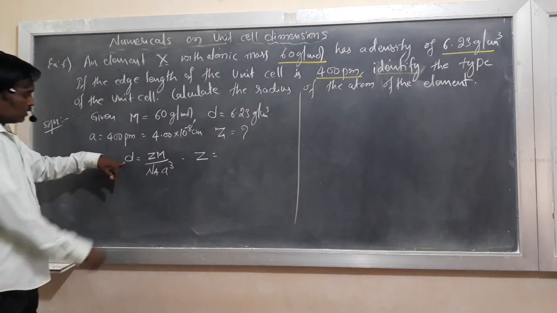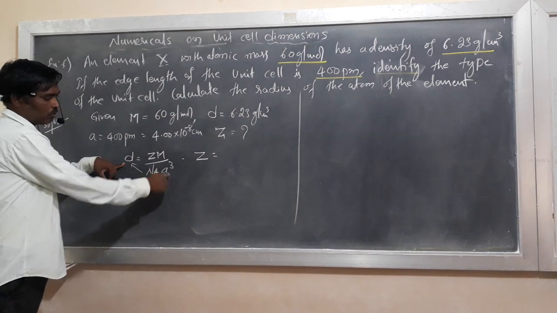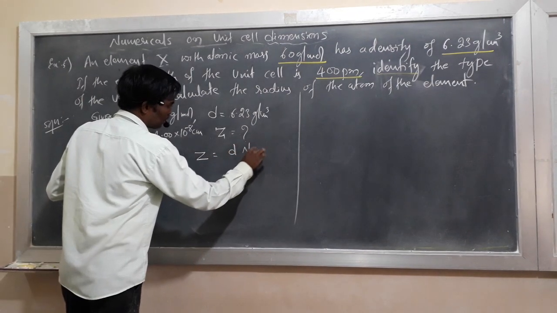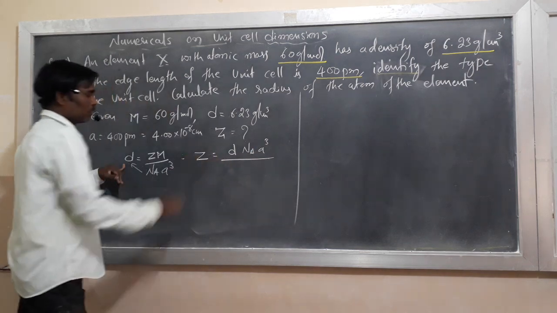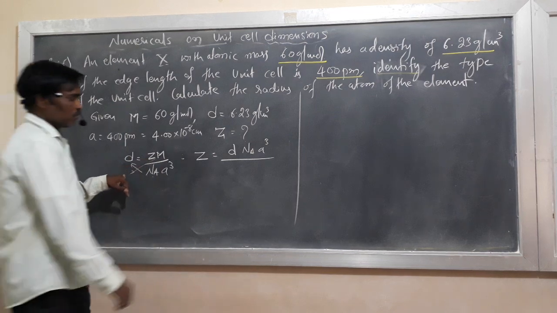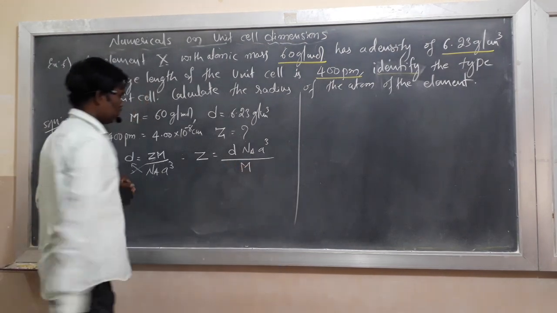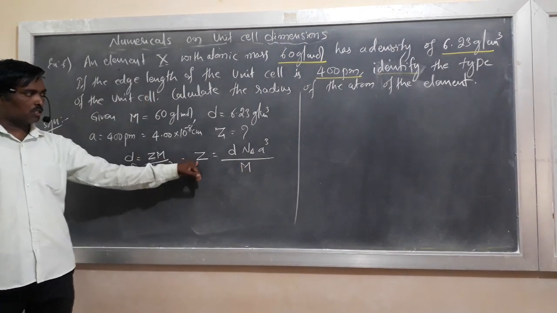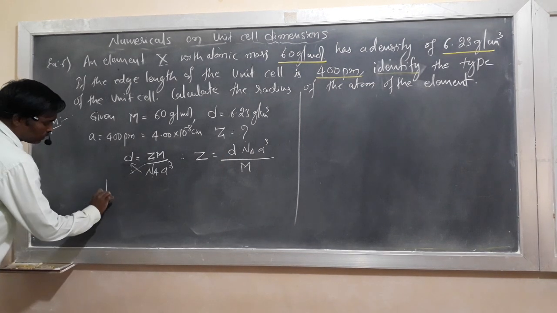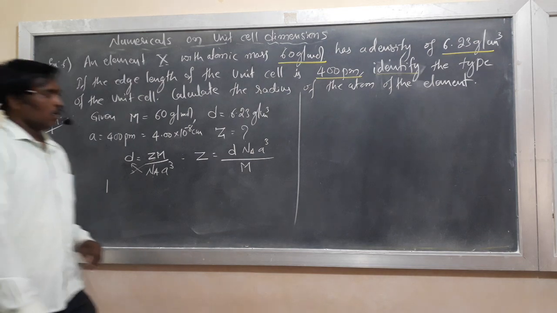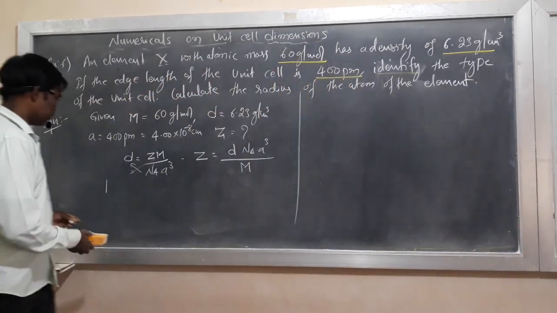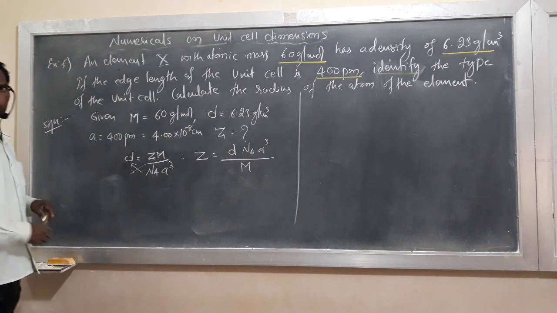So d into NA into a cube is cross multiplied. M comes to the denominator, so Z remains. Therefore Z is equal to d into NA into a cube divided by capital M. Now substitute all the values in that formula.